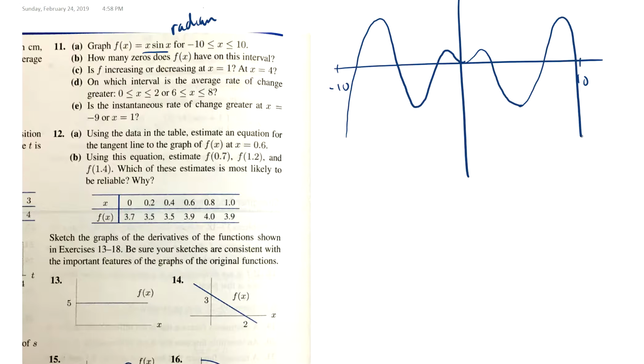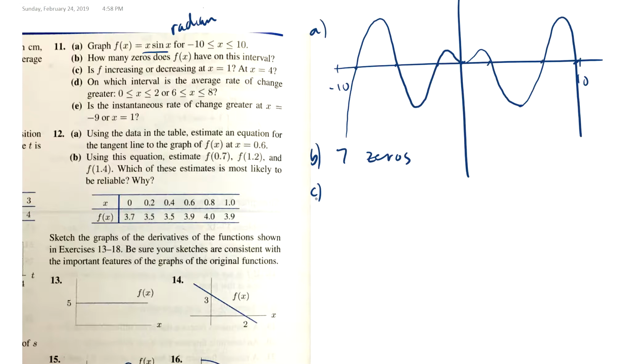Okay. How many zeros does it have on this interval? 1, 2, 3, 4, 5, 6, 7 zeros. That's the x-intercept. See, at 1, is it increasing or decreasing? Decreasing at 4.